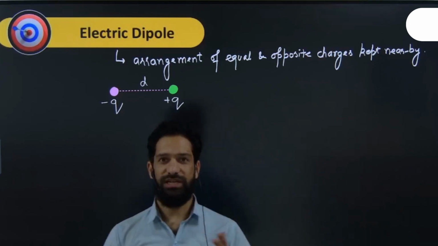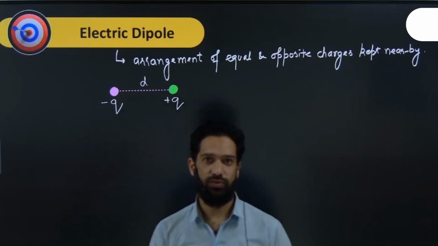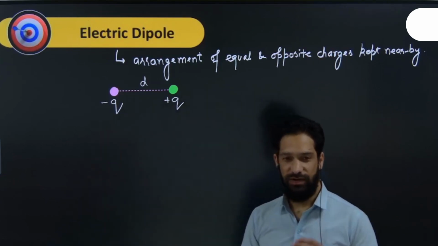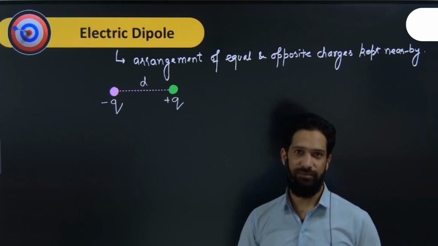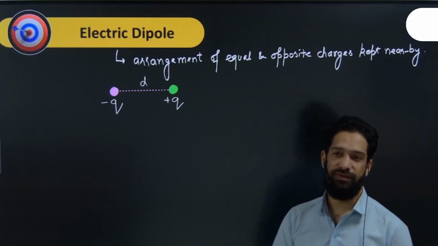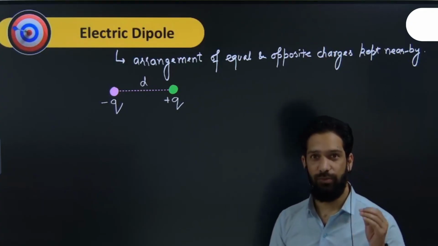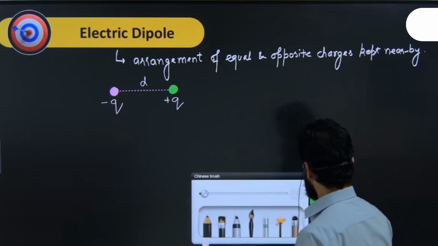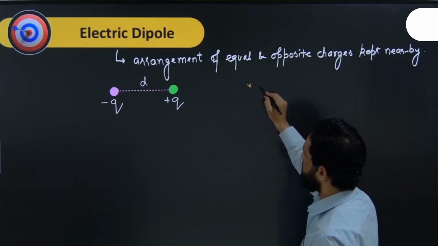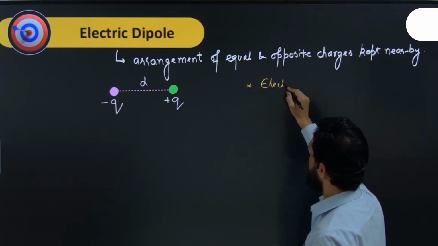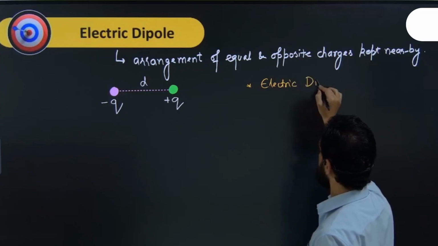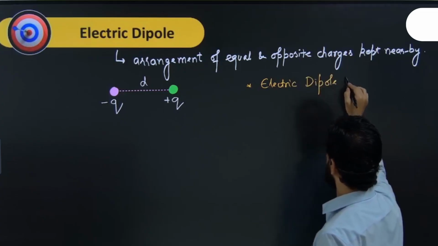So what do we study for this dipole? What are the things we want to know about this dipole? First of all, we quantify this dipole with a quantity called the electric dipole moment.